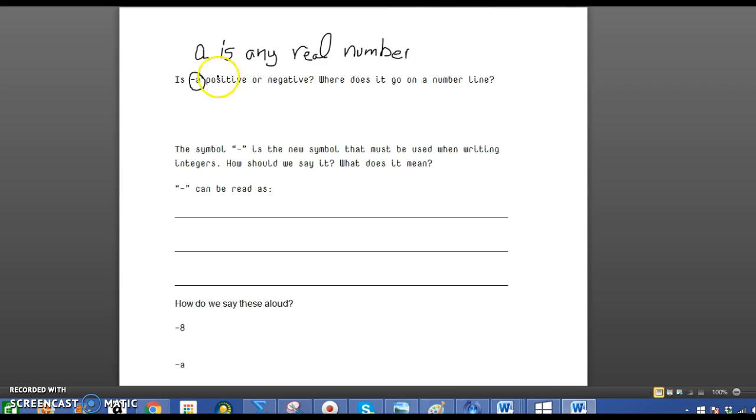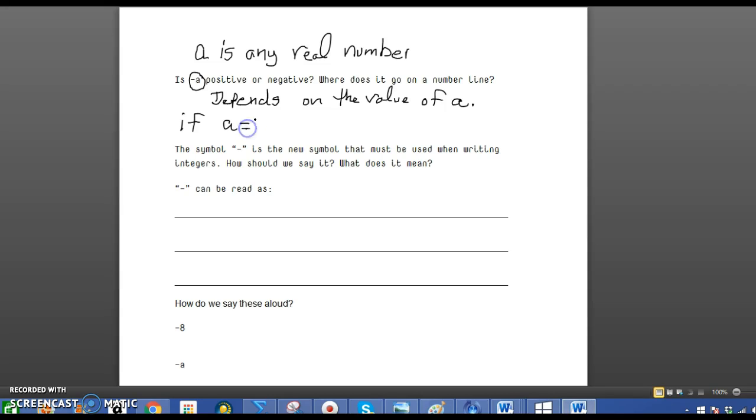So the point is, if A is any real number, then the opposite of A might be positive, or the opposite of A might be negative. So my answer is going to be: depends on the value of A. So let's give some real numeric examples.